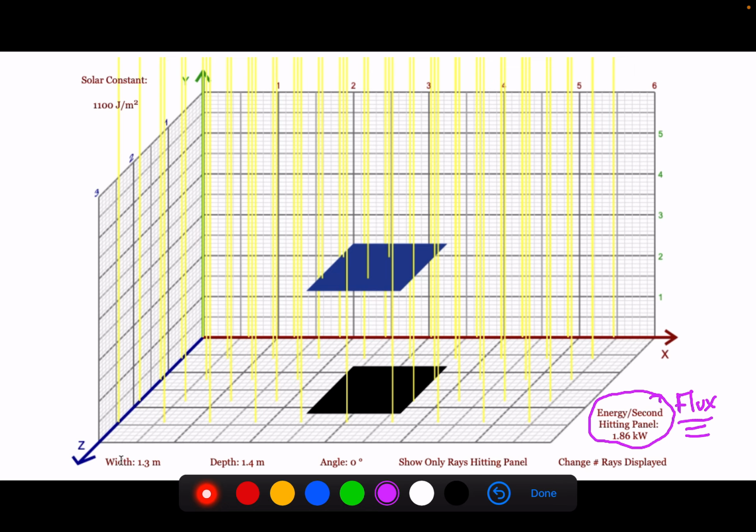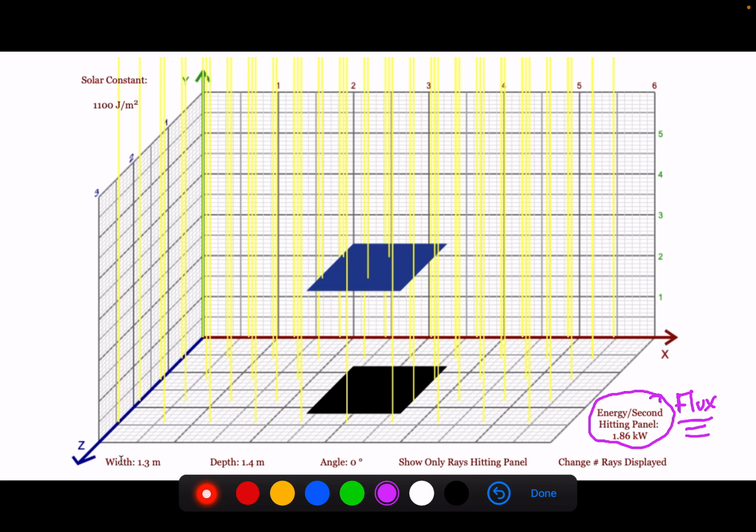You can see that this solar panel is collecting about 1.9 kilowatts, which again would be about 1,900 joules per second. So that's going to be a measure of the flux. The bigger that number gets, the more flux we have with the solar panel.